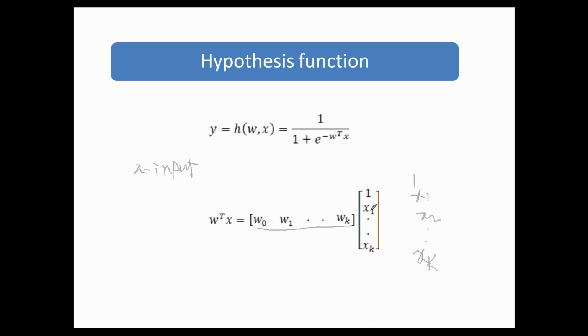So W1 will be multiplied with X1. So W transpose X is the product of two matrices. W transpose is a row matrix and X is a column matrix.